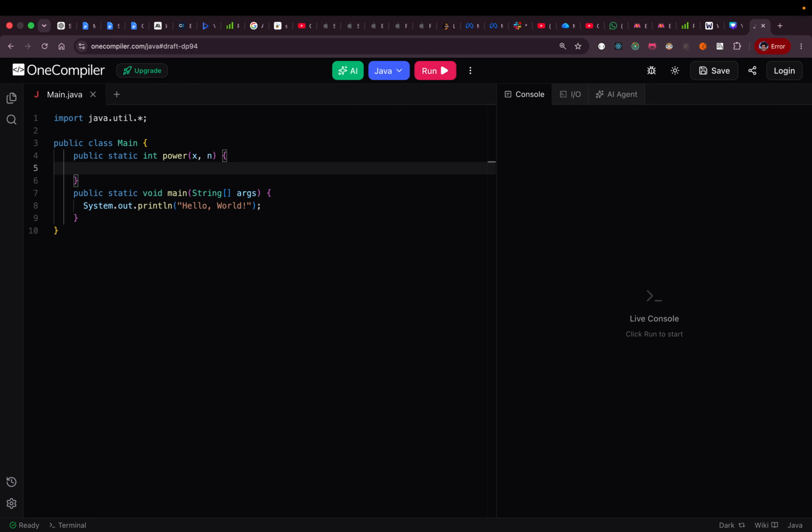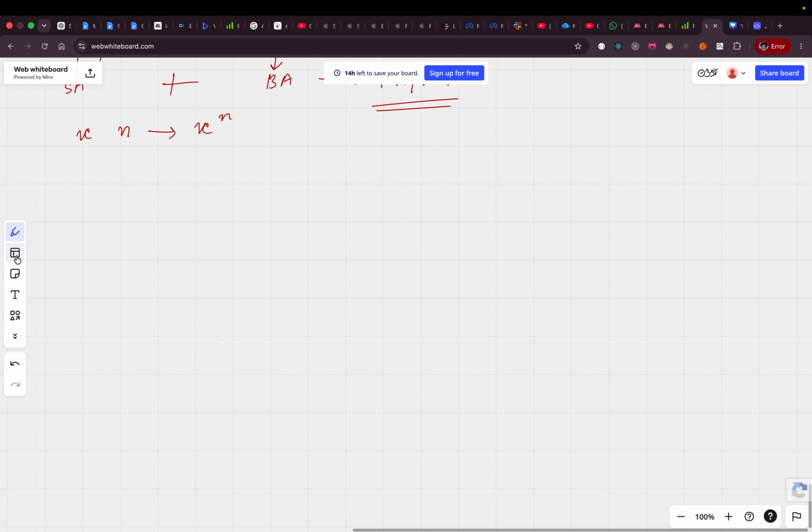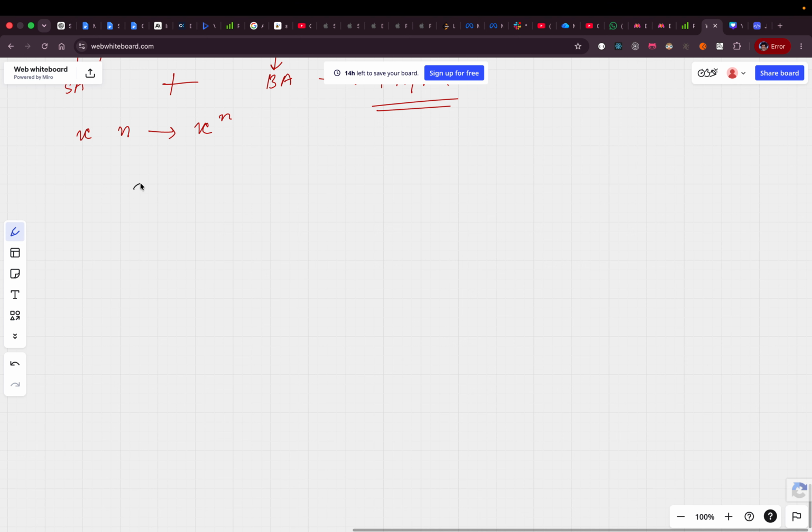So now how can we solve it using recursion? Let's see. You have this big problem to solve, that, oh man, I have to solve x power n. Very, very big problem. Now again, we'll do the same thing. We'll try to divide it in a way such that it will be divided into a smaller problem and a bigger problem.